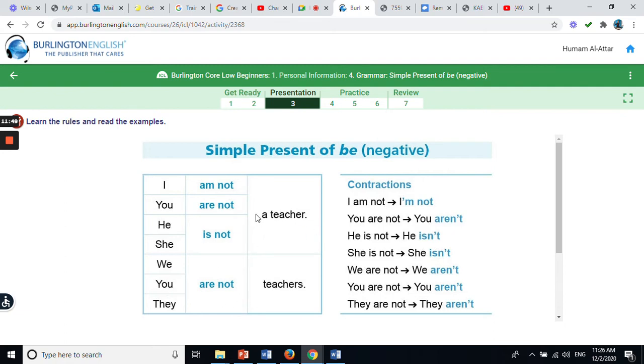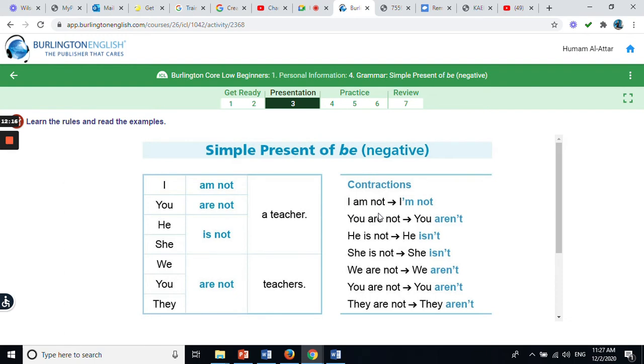Because a here means only one. With the plural, we don't put a before this word, but we put s at the end because this is plural. So with the plural at the end, we add s or sometimes es. Okay?